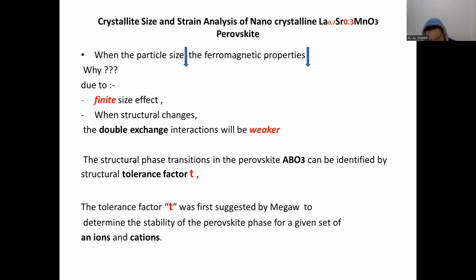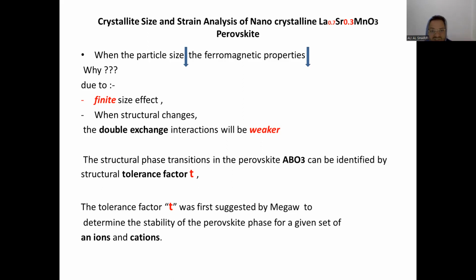Because by decreasing the particle size, the size effect becomes finite, and the double exchange interaction will decrease, or will be weaker. That means by decreasing the particle size, the size effect will decrease, and the double exchange interaction will decrease.